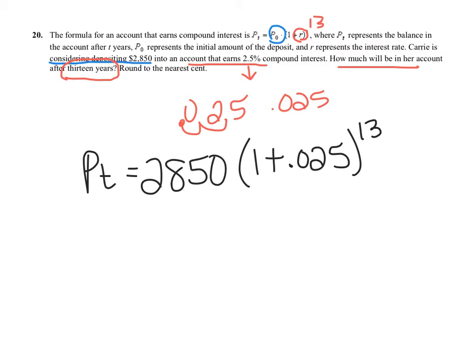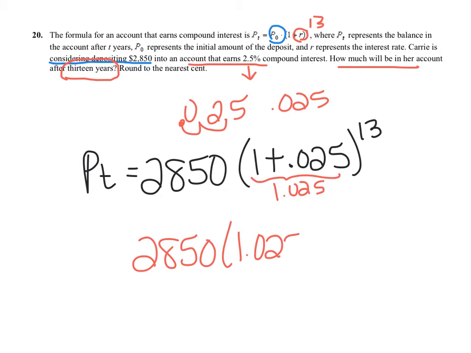So this is where we can go ahead and combine inside of here and put 1.025, and then I'm going to raise 1.025 to the 13th power, and when I do that, 1.378511045. Remember, if you have your calculator, or if you have your cell phone, you could just turn it to the side, and that would give you that exponent spot.